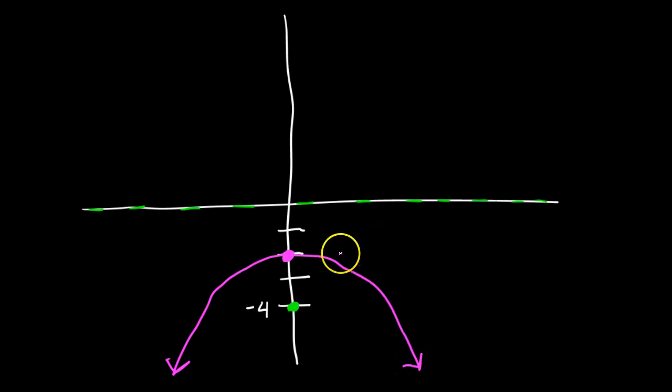So this gives us a lot of the information that we need to write the equation. Because we now know that the coordinates of the vertex are 0, negative 2. The vertex is 0, negative 2. We also know that this is a vertical parabola because it's facing down.